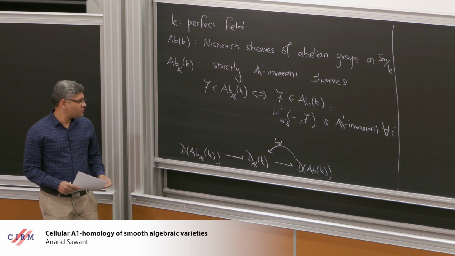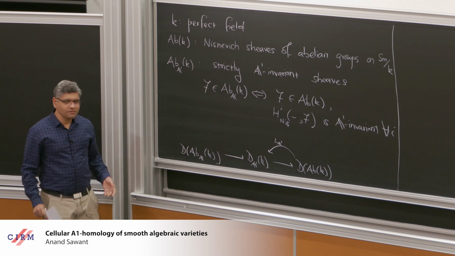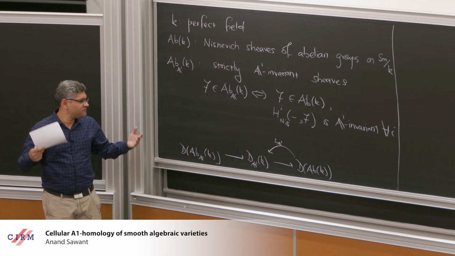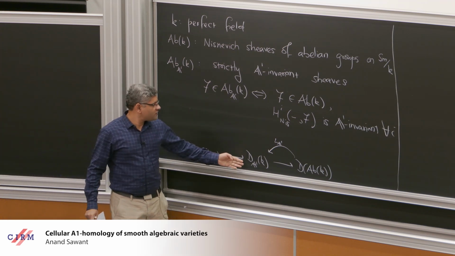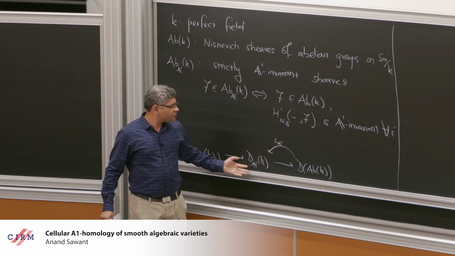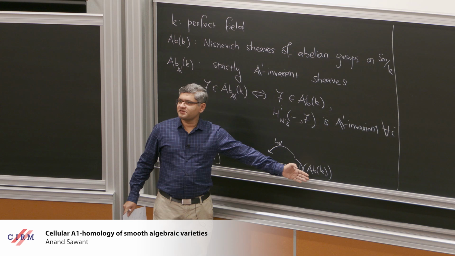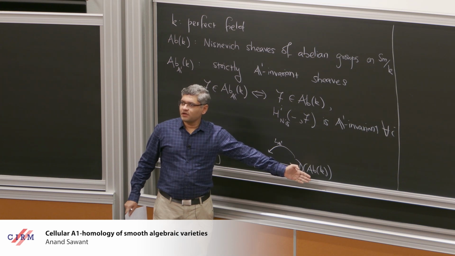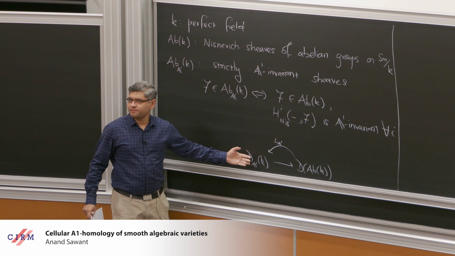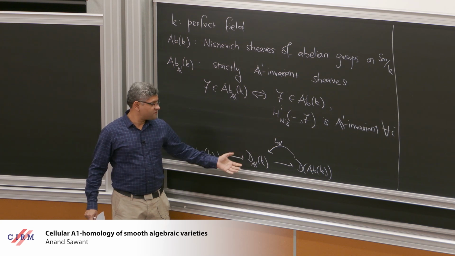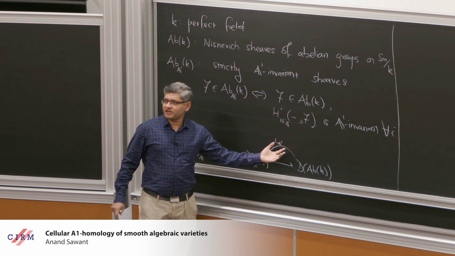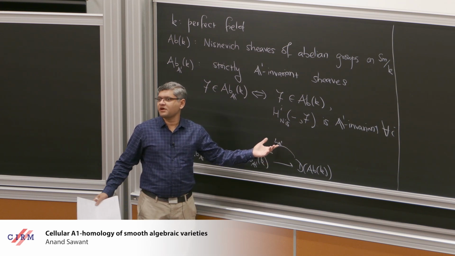Usually the A1-homology of a space, by a space I mean simplicial Nisnevich sheaves of sets, is defined as follows: you look at the normalized chain complex associated with it, then apply the A1-localization functor and take homology sheaves. Now the problem is that this is uncomputable because the explicit description of this A1-localization functor is completely unwieldy.